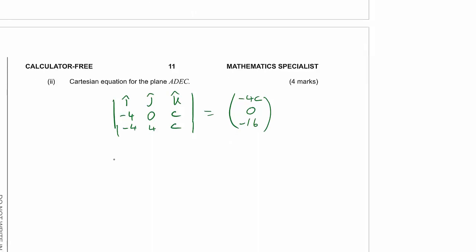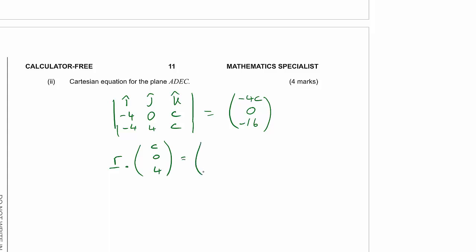So r dot n equals a dot n. So r dot, now I'm just going to change this to being (c, 0, 4). So I just multiplied all of them by -1 and divided through by 4.